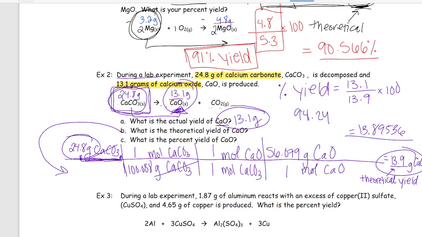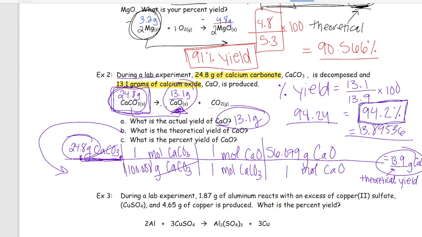I only have 3 sig figs here, so I'm going to make this match 3 sig figs as well. So I will change that to 94.2% yield. So that's the answer to letter C.